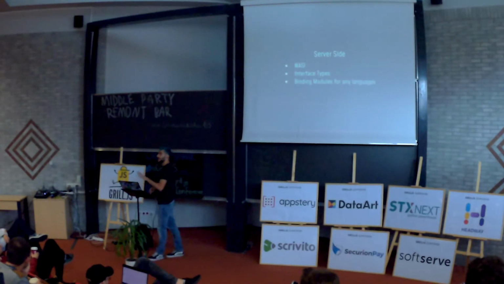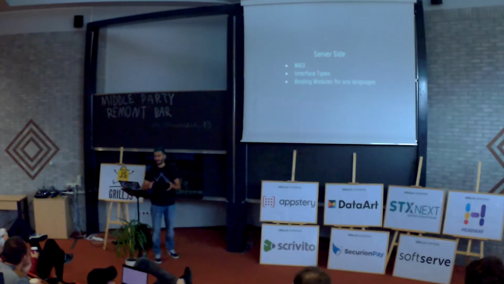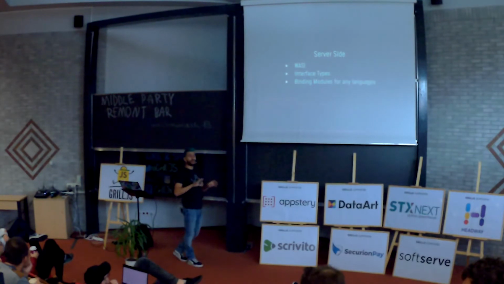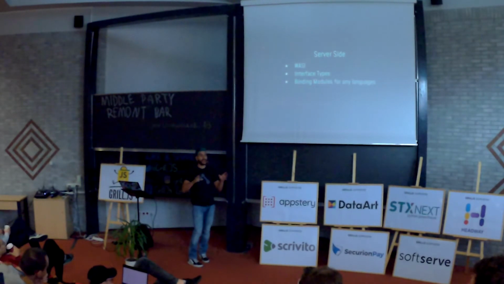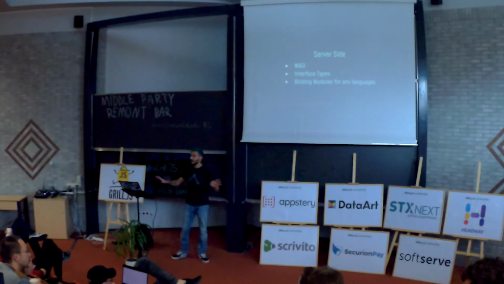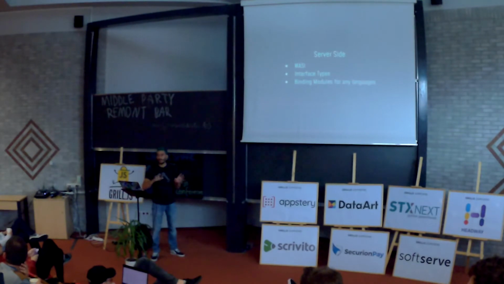So we can run WebAssembly directly on the server side, I mean outside of the browser. We've got interface types, which are pretty new and allow us to share some kind of APIs between any kind of code anywhere in our various implementations. And we have some binding modules for any language.